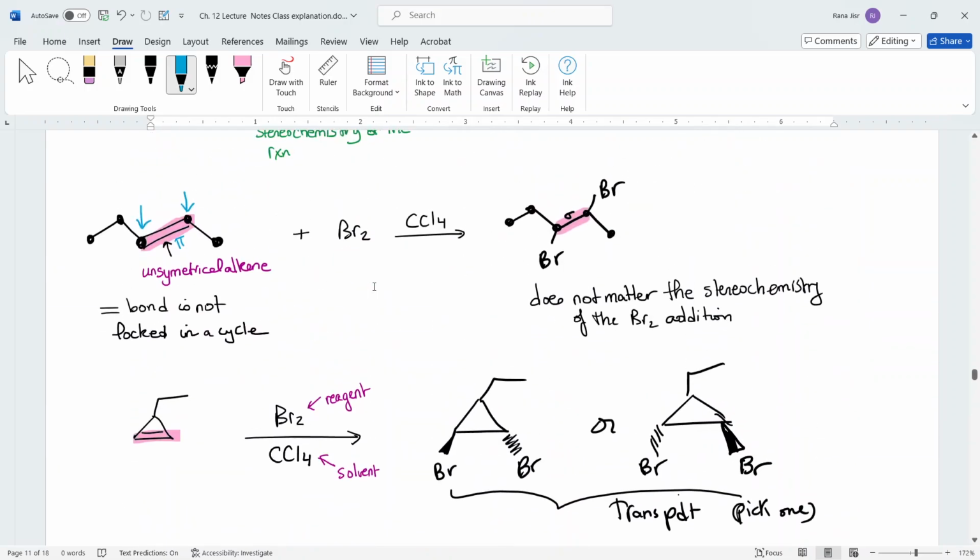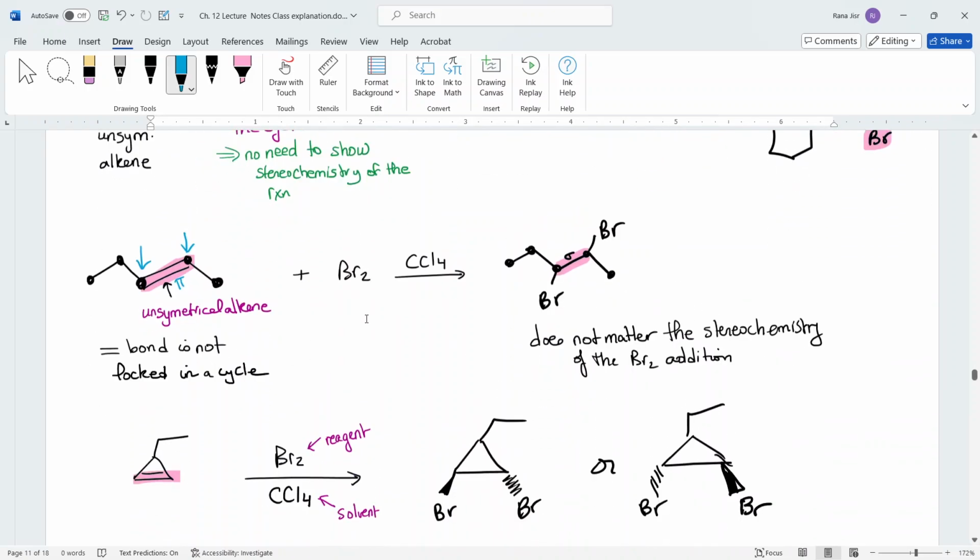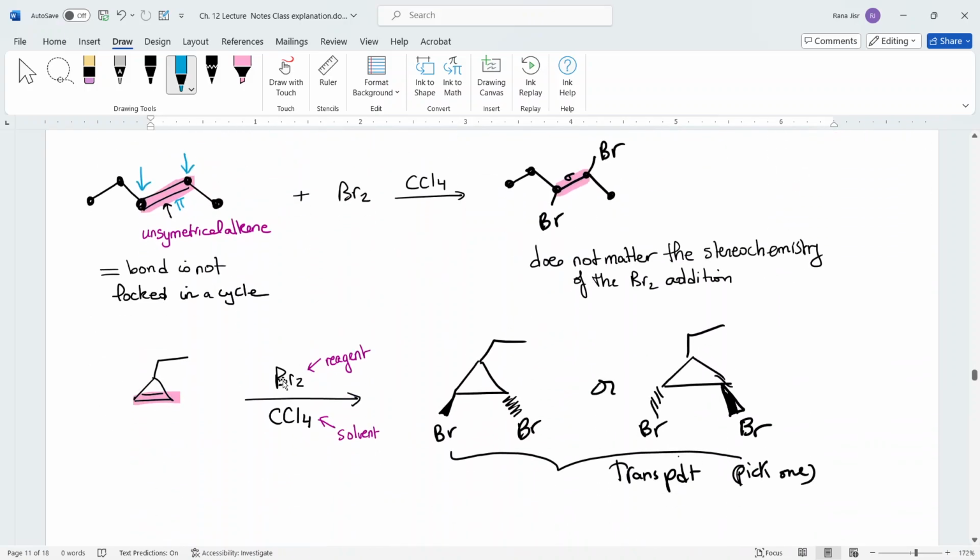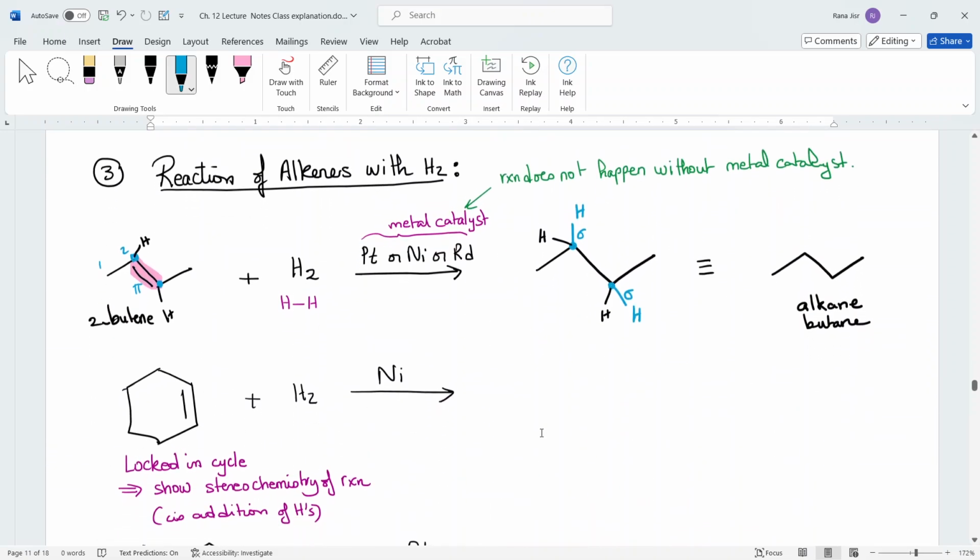If I want to compare the size of the bromine to the size of the hydrogen, bromines are big molecules, so this is why they add trans with respect to each other. But hydrogen is a very small atom. So when the double bond is locked in the cycle, hydrogens do add on the same side. So you have to show them on the same side.